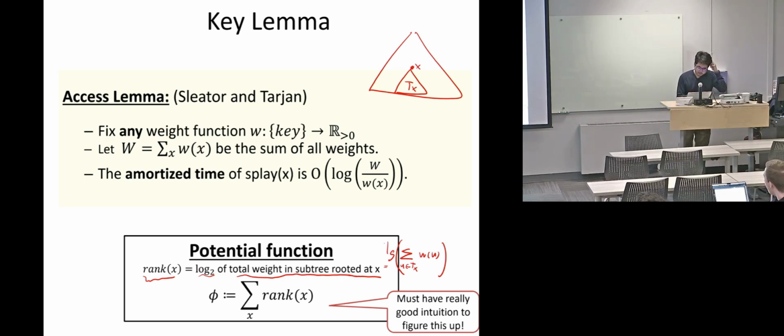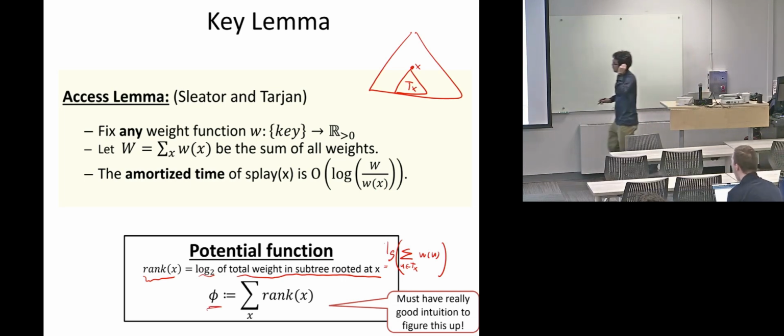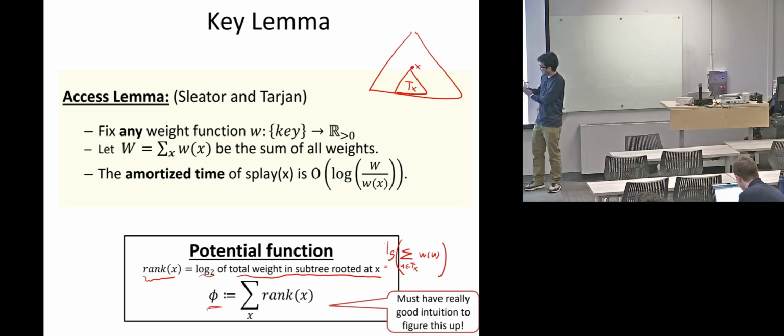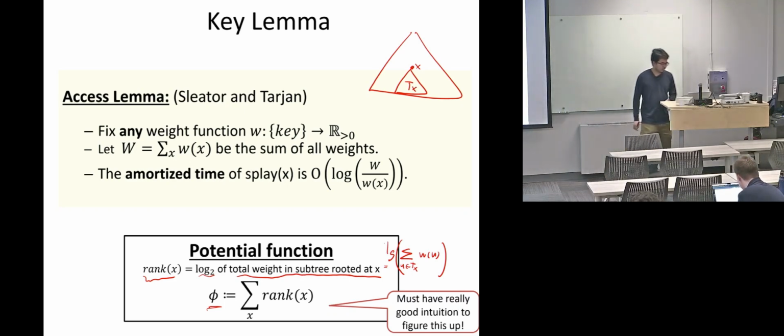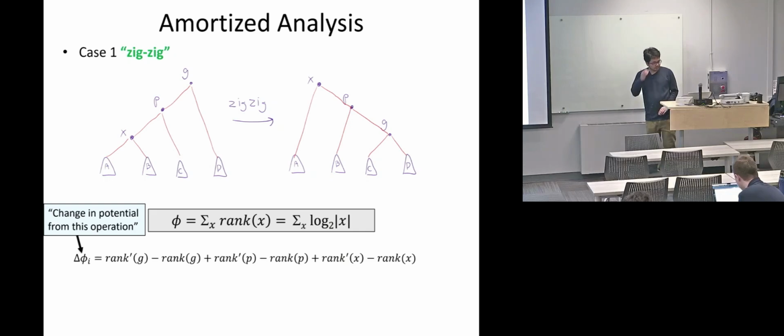And the potential is the sum of the ranks of every node. It's not clear why we want to define it this way, but is the statement clear? Okay, good.